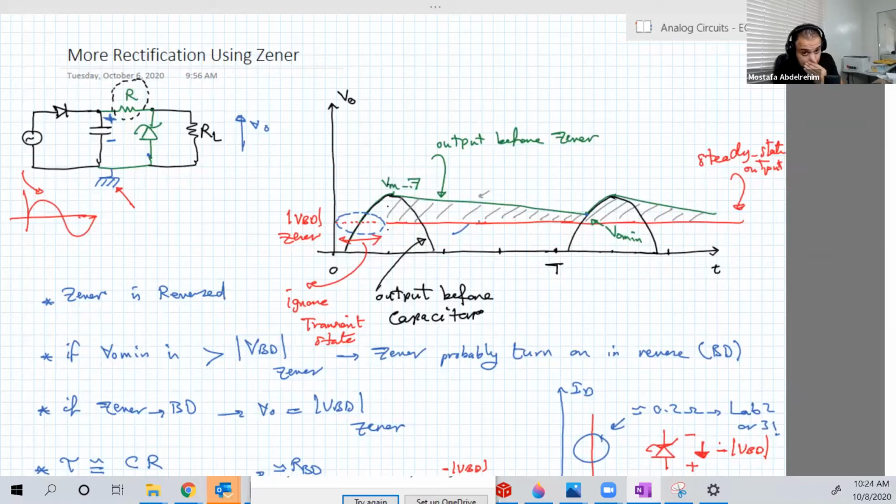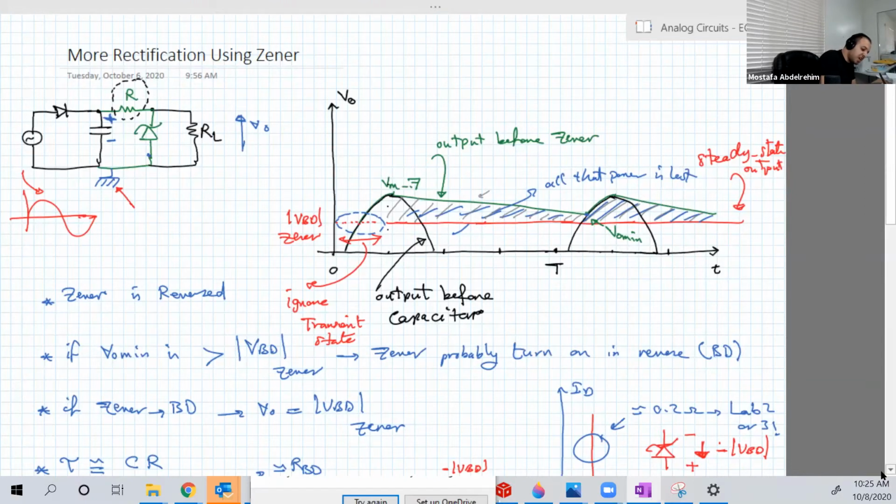But the downside is that you clip, or cut off, the previous ripples at a point smaller than V output minimum of the ripple, this point. So you lose all that power. All that power is lost. This is the downside.